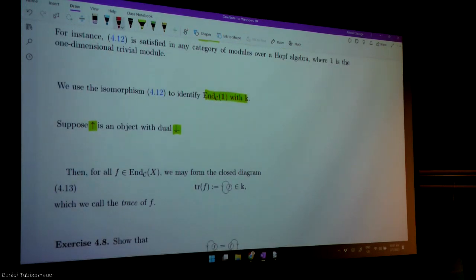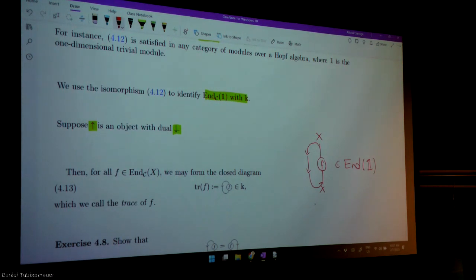If we have some endomorphism F of X, that means some morphism whose domain and codomain are both the same object X, then we can attach the left cap and the right cup and get this circle with this coupon label F. And where does this live? This is an endomorphism of the identity now.